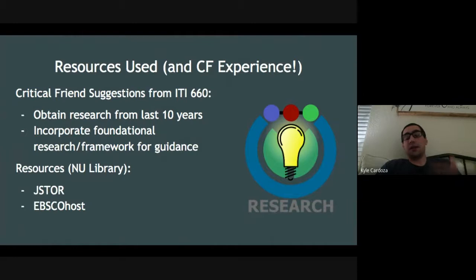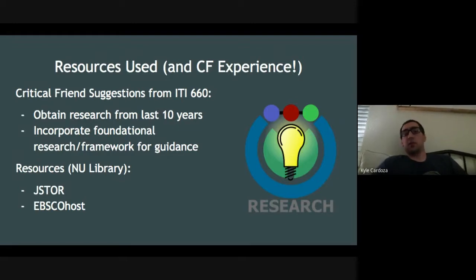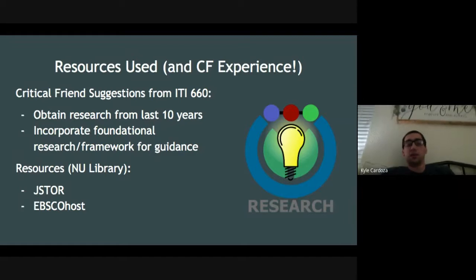I wanted to have a focus on the United States because obviously I am going to be teaching in California, and I hoped I could come across some research that was done in California or within some of the school districts throughout the state. But overall, I had a very positive experience with my critical friend, and hope to continue to have a positive experience and look at the feedback during this course.